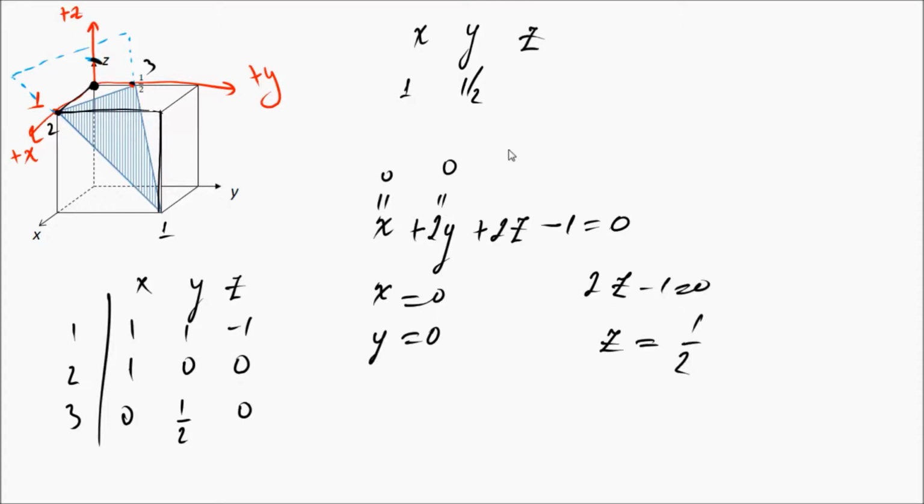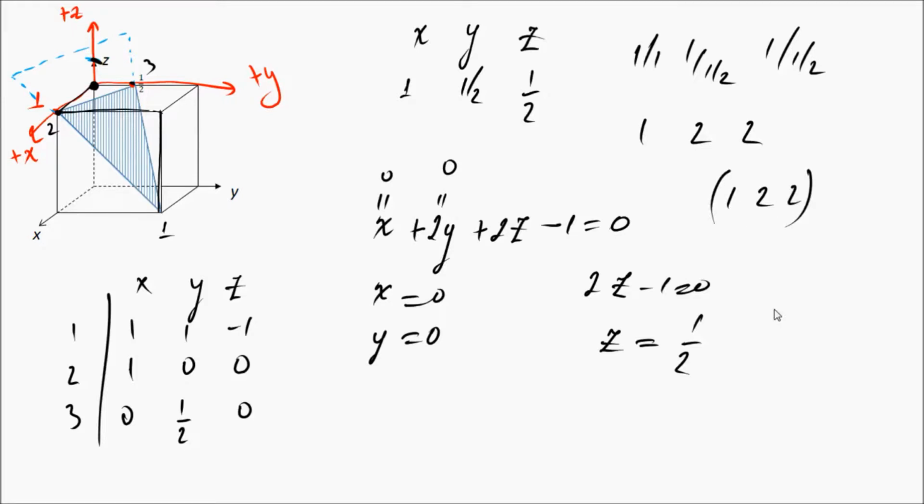So this plane intersects the z-axis at 1/2. Now I have my intercepts. Take the reciprocal. It will be 1, 2, 2. Enclose in brackets. That's it.